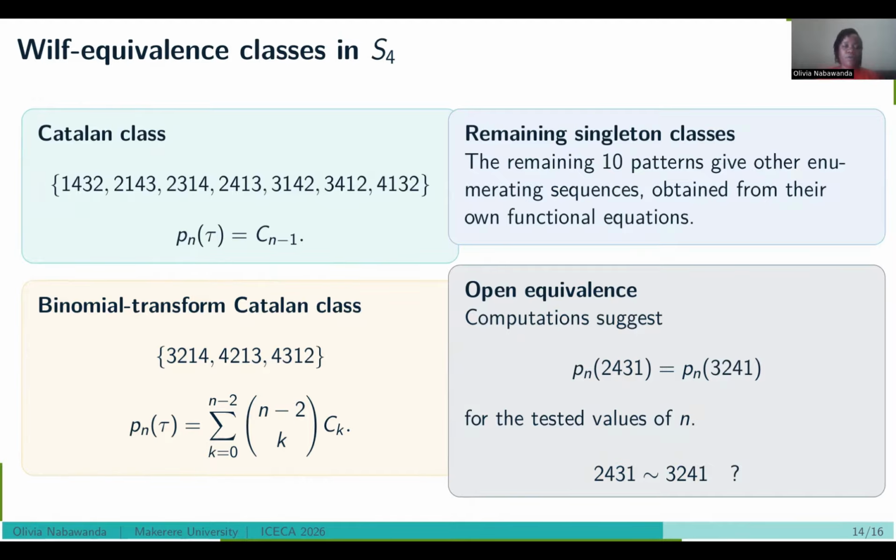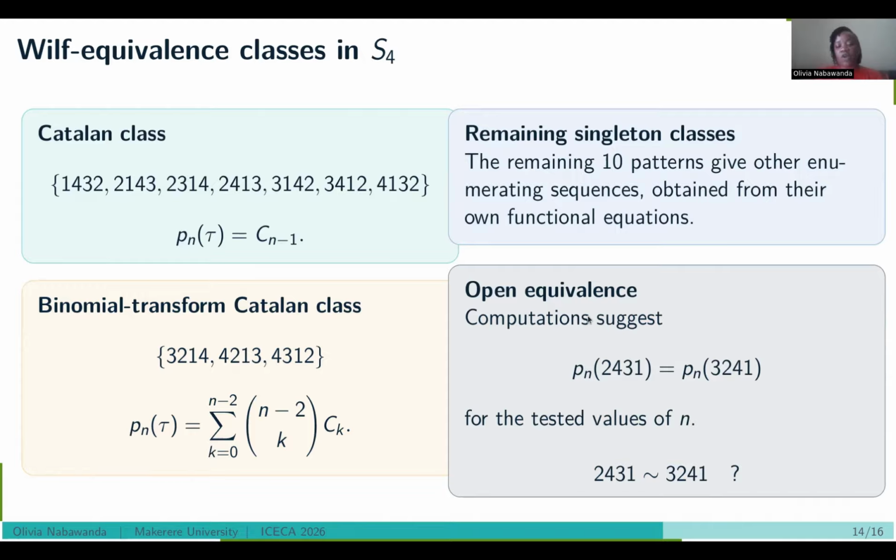And therefore, at the moment, this is what we have. We have these 7 patterns giving us the Catalan number C_{n-1}, these 3 patterns giving us the binomial transform of the Catalan numbers, and we have other patterns which were giving us different sequences, but still for each of these, the idea was the same. Look for a statistic that would give a nice recursive structure that you would use to define a recursion, and then use that recursion to find the corresponding generating function.